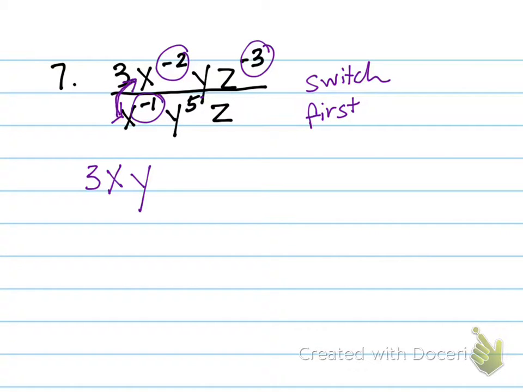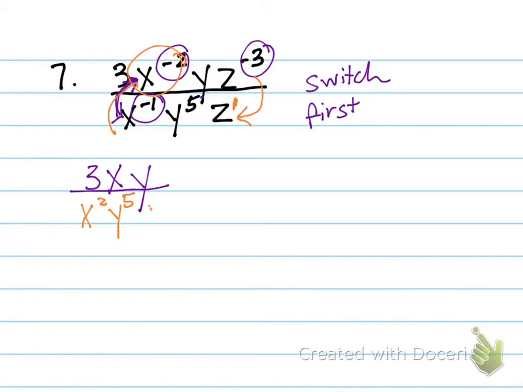So this x to the first moves up to the top. Then this x squared, that is right here, jumps to the bottom. So x squared on bottom, y to the fifth on bottom, and then this z now jumps to the bottom, and I have z to the first and z to the negative 3.